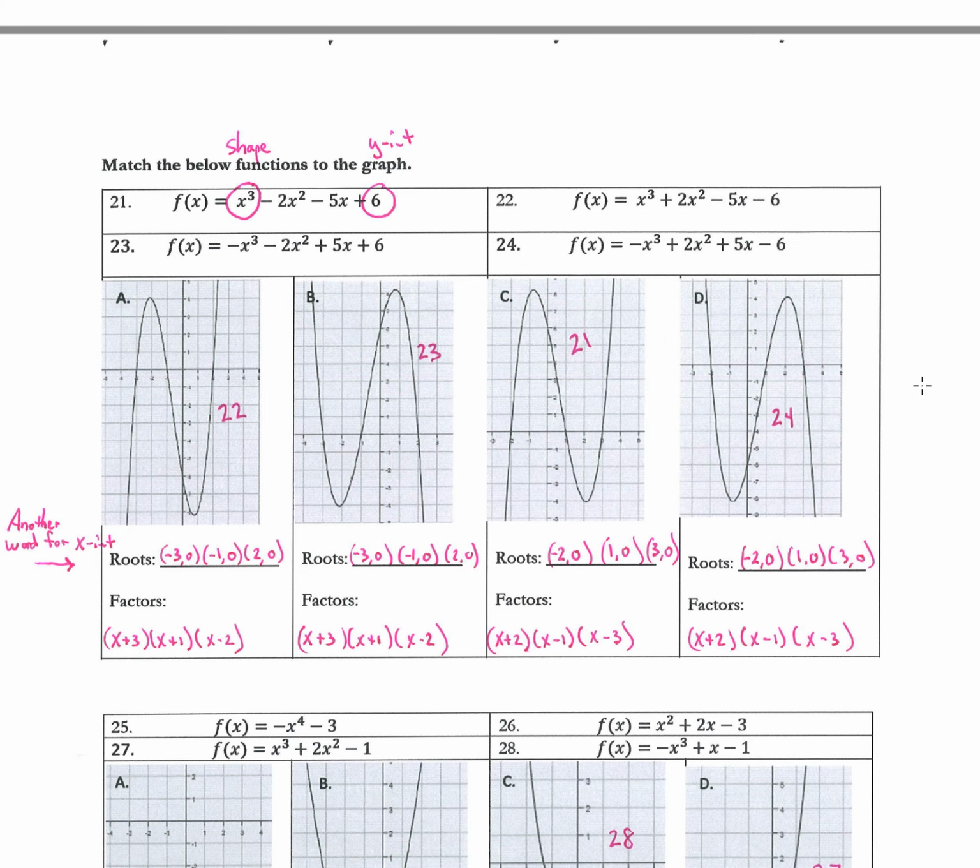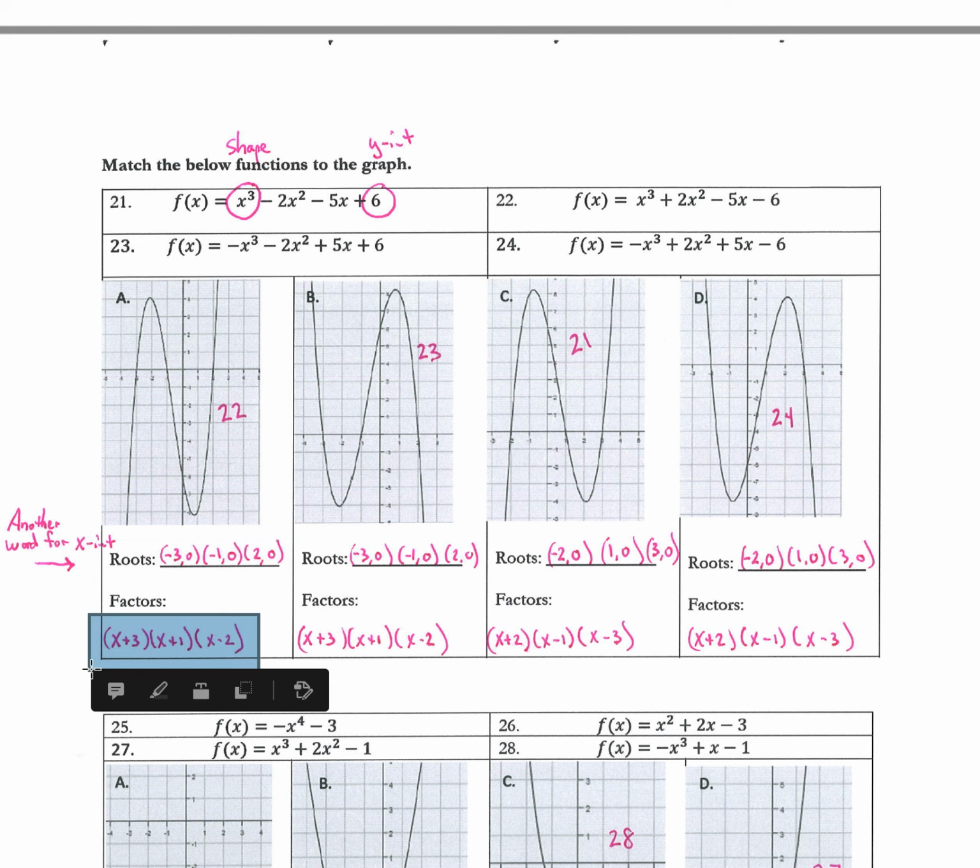Okay. The roots, remember the roots is just another word for 0, which is another word for an x-intercept. And we decided in class, this is a little more advanced than we currently are, but we know that if a function has 3 x-intercepts of -3, -1, and 2, then the function itself must be able to be broken down and factored with x plus 3, x plus 1, x minus 2.